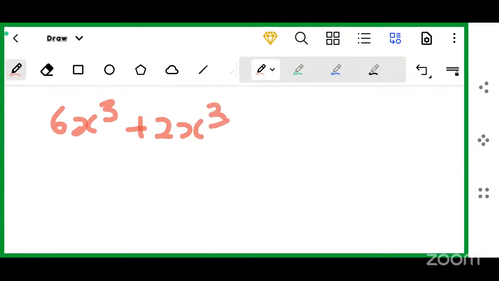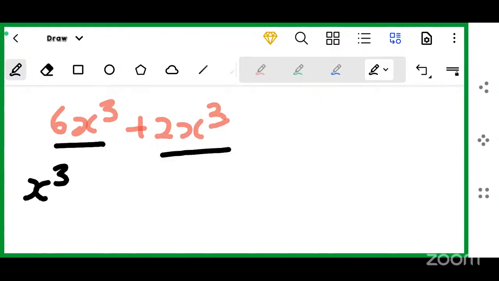What we can do here is see that these have common factors, so we can take out x to the power of 3 and then open our bracket. If we remove x to the power of 3 here, what are we left with?